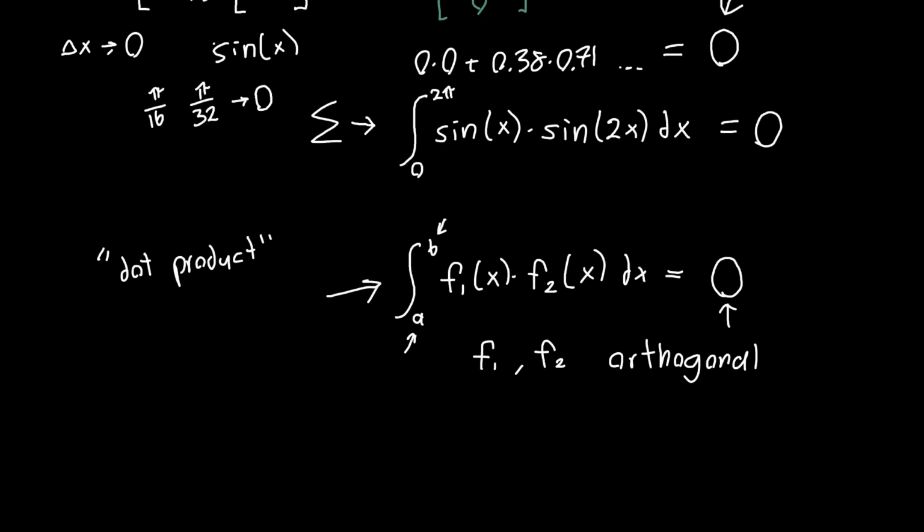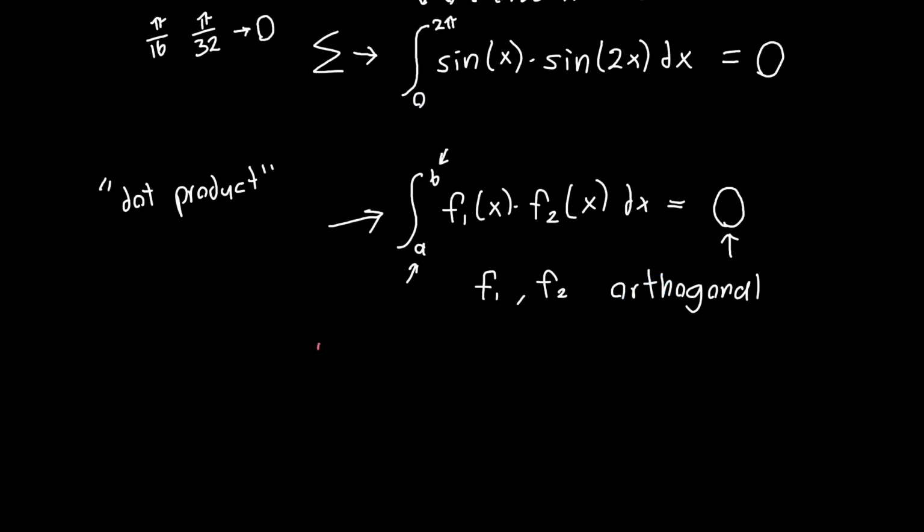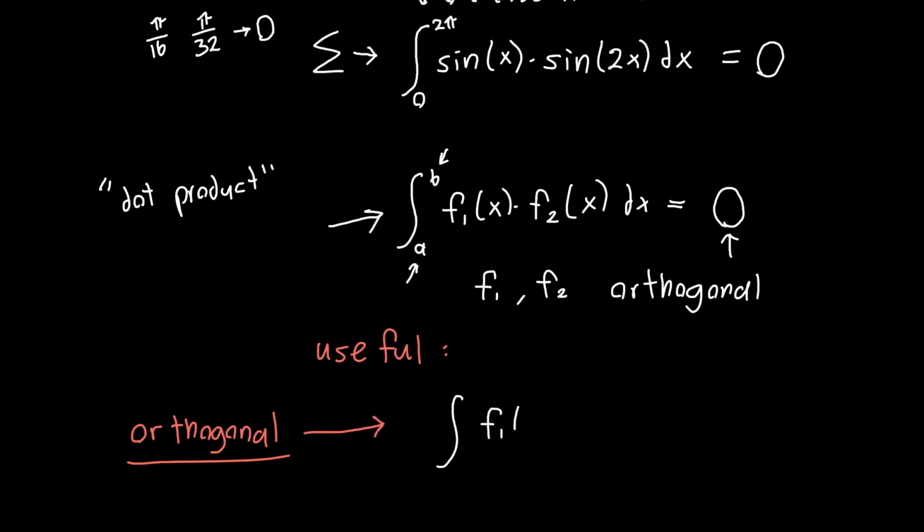Now, where this becomes really useful is if we know ahead of time the functions are orthogonal. So we can use some theorems or some tricks to figure out that two functions are orthogonal. Then we know that their integral over that region is equal to 0.